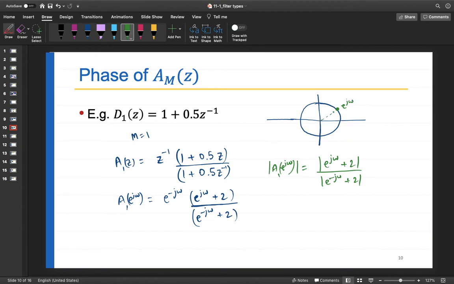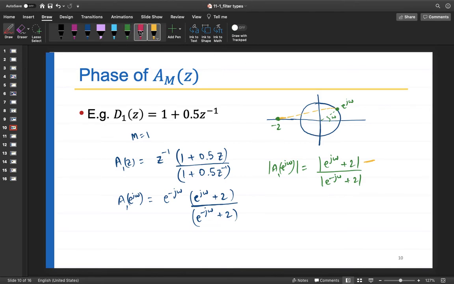So this angle is ω, and the distance from the point minus 2, where we have minus 2. So this length, let me draw it with yellow. So this is the distance, right?